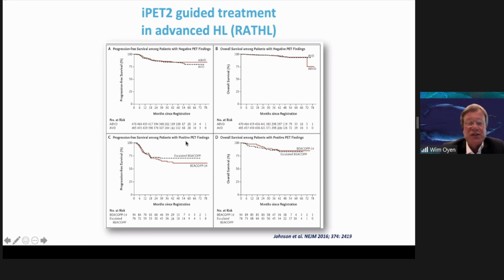Conversely, the patients with positive PET at the interim did less well as expected, but with escalated BEACOPP, they were managed after the interim PET was done, but it was also shown that escalated BEACOPP did not have an advantage over the BEACOPP-14 regimen.